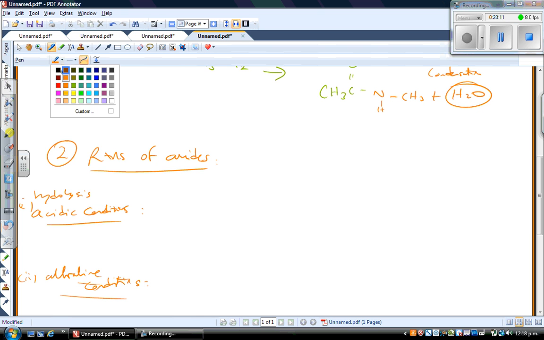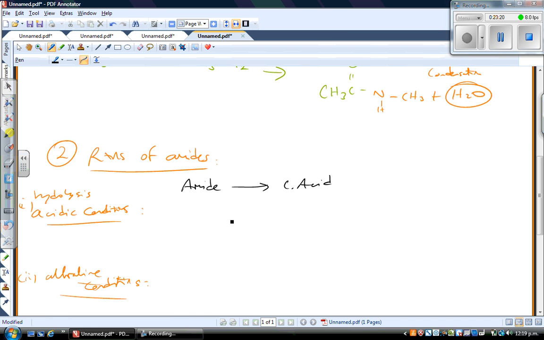Okay, so under acidic conditions, essentially what you do is you take an amide and return it to its carboxylic acid parent compound. So if we take ethanamide, CH3CONH2, and we add some water to it, a small amount of hydrolysis might occur by itself, but we really need to add HCl to make that happen and force it to the carboxylic acid product.